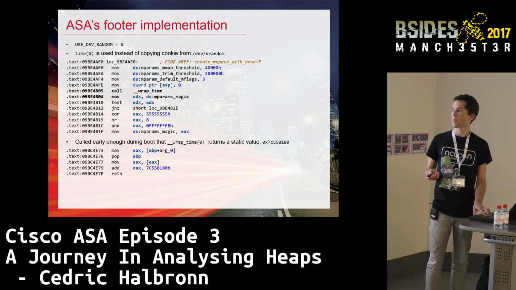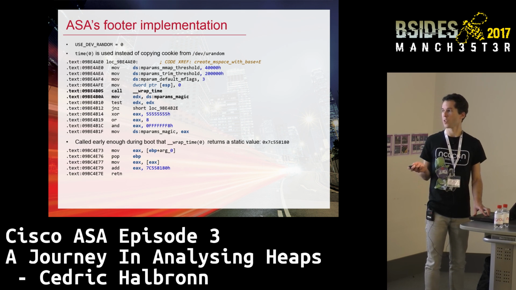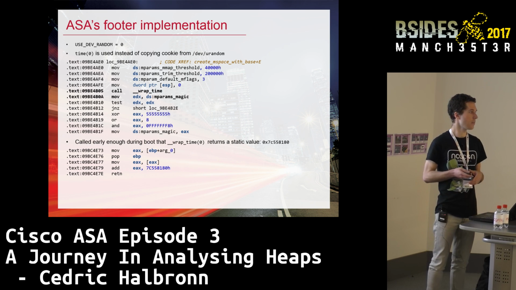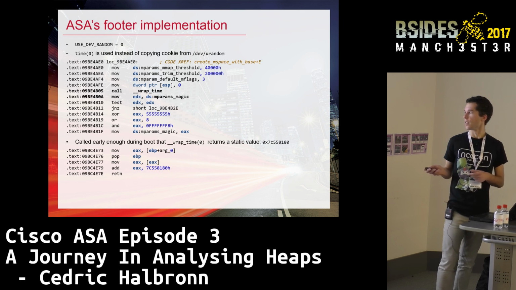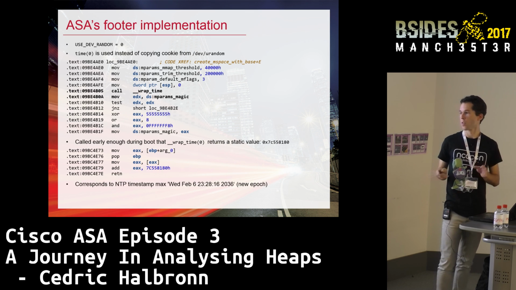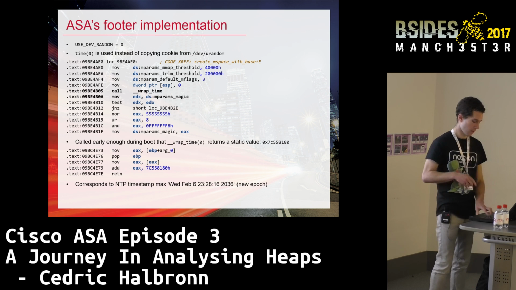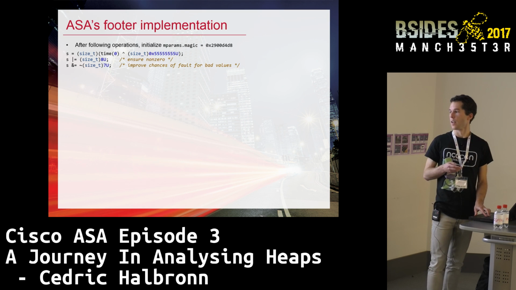The other thing that is interesting is that, because for some reason it's called really early at boot, the wrapped time(0) actually returns a static value, which is this value. And this corresponds to an NTP timestamp, which is the new epoch. But what is interesting is it's constant.